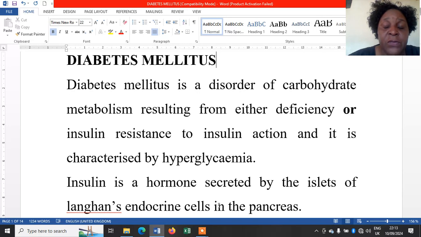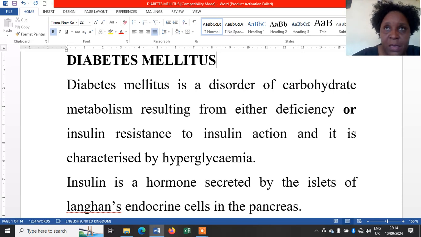And at the end of the day, due to failure of carbohydrate metabolism, there is accumulation of glucose, which on testing of blood or urine will show as a sign of hyperglycemia. And this insulin we are talking about is the hormone produced in the pancreas by the islets of Langerhans.